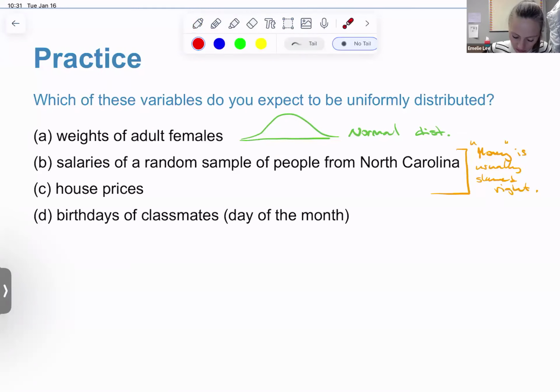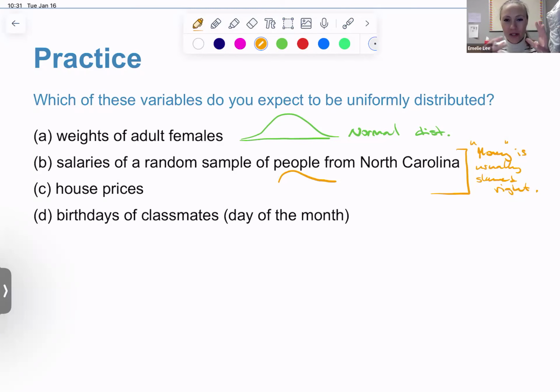So when we talk about salaries, you want to check in: does it make sense to make it skewed to the right? Yes, it does. Kind of a bummer, but most people are down here. Could be relatively high, but then we've got these very few with very, very high salaries, but there is a minimum as well. House prices, same thing.